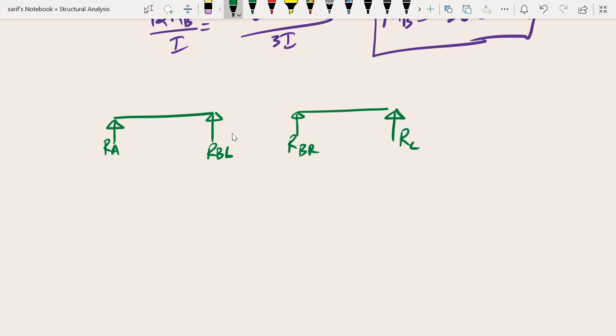This is 40 kilonewton per meter over 3 meter, and we have 120 kilonewton here, with 1.5 on each side. And the moment MB is a hogging moment, so we represent it as a hogging moment of magnitude 56.25.